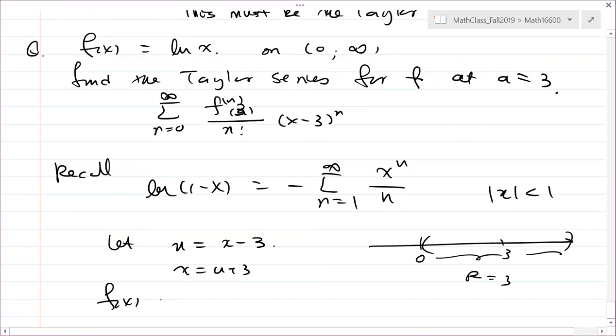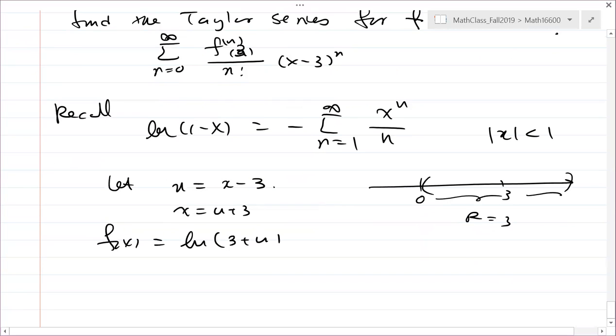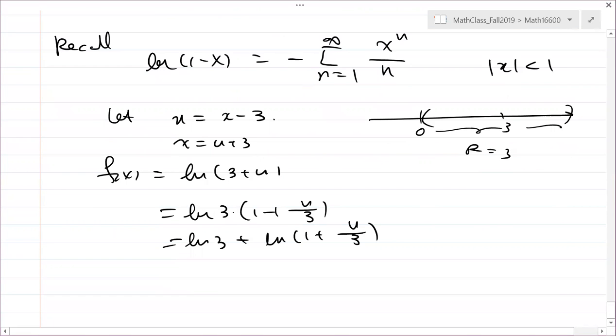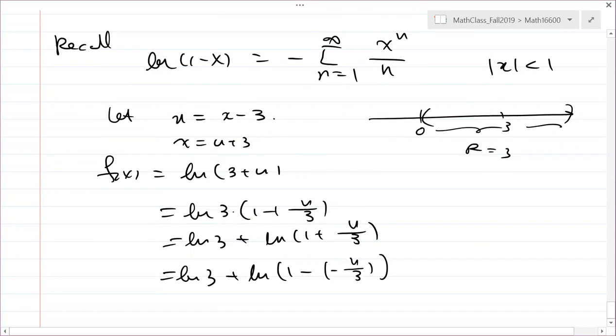Then f of x equals natural log of 3 plus u, right? You take 3 out, and you get natural log of 3 plus natural log of 1 plus u over 3, which is 1 minus negative u over 3. Then I can apply the above formula.